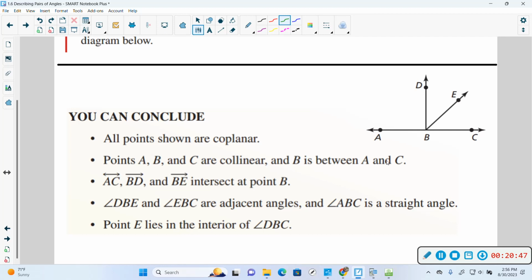Every year some kid says, yeah, that angle's right. Well, it does look right, I see what you're saying, but it doesn't tell you anywhere on it that it's right. It doesn't have the right angle symbol on it. So don't just assume things that aren't specifically marked on the picture.